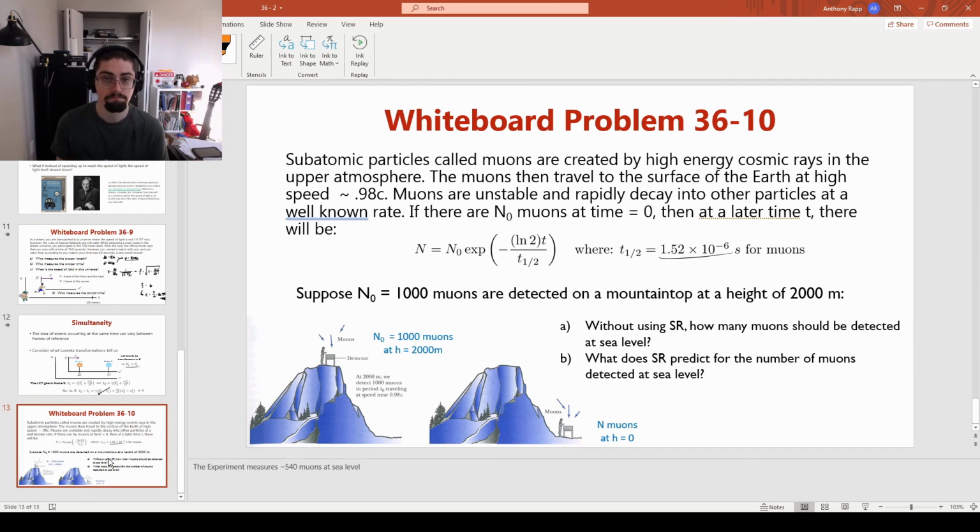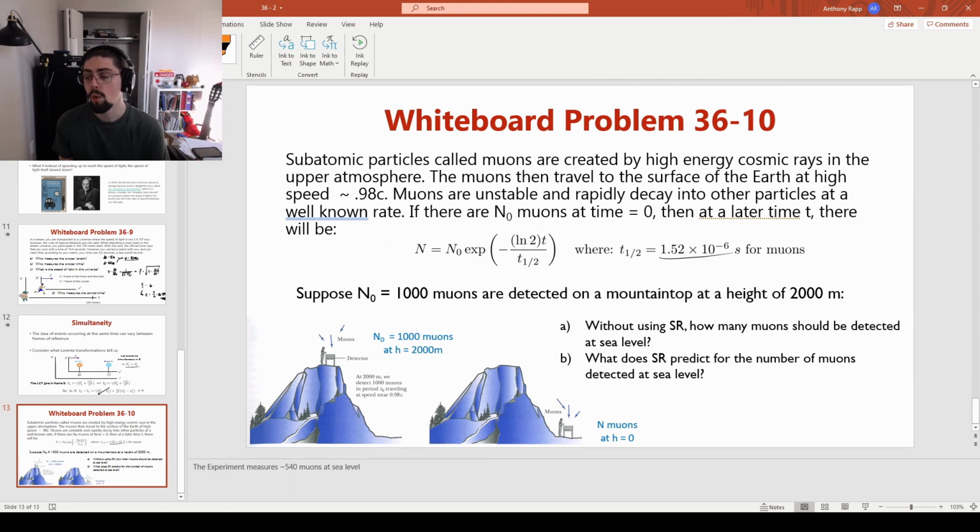Realistically, from the upper atmosphere down to the mountaintop is a pretty far distance, even for something traveling at 98% of the speed of light. So we didn't expect to see many at all, just a statistically small amount. But what we actually found is that even at sea level, we still find about 540 muons per second. That's a fair amount that still get through, despite their very short lifetime.